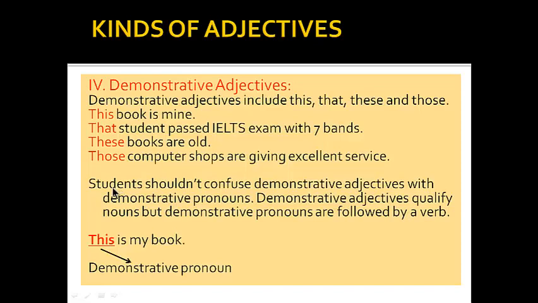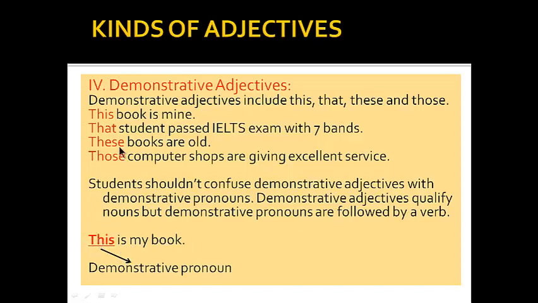But let me tell you one thing. Students shouldn't confuse demonstrative adjectives with demonstrative pronouns. Demonstrative adjectives qualify nouns, like these ones, but demonstrative pronouns are followed by a verb. You can check this example. This is my book.